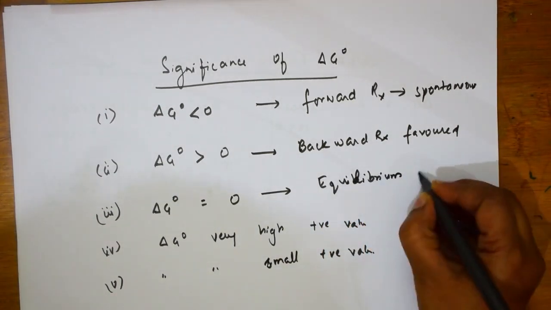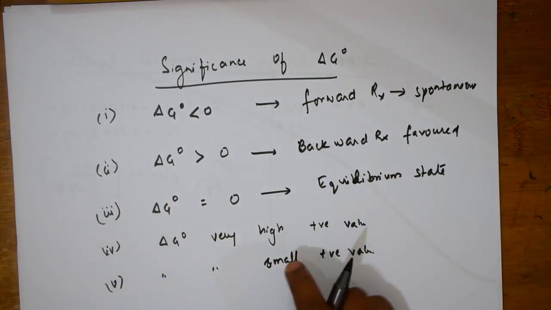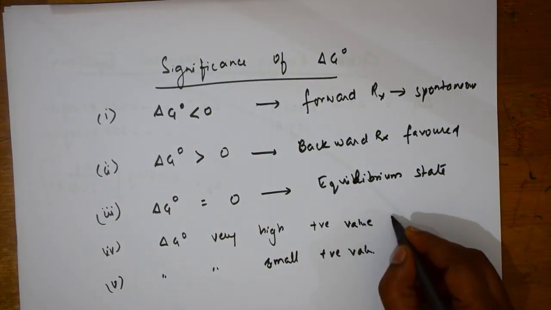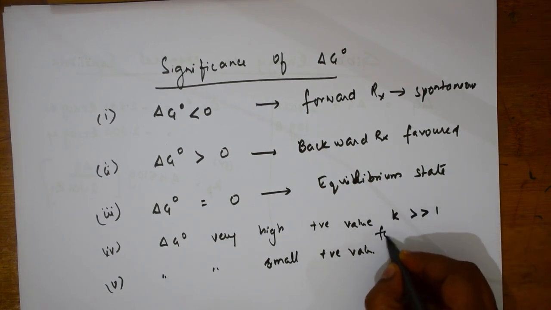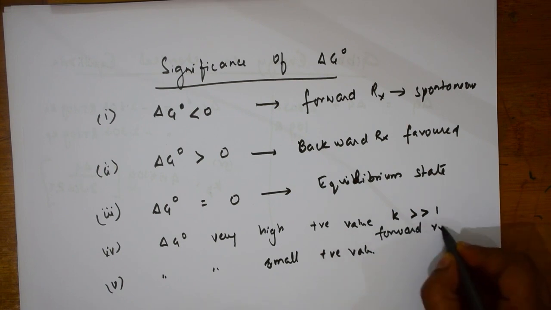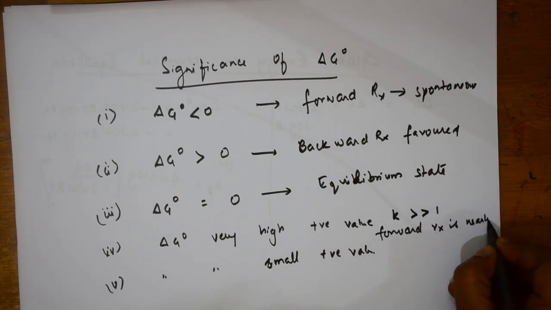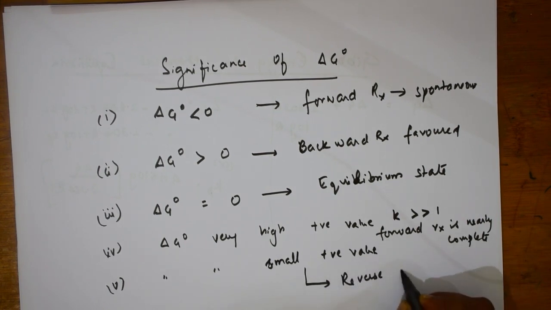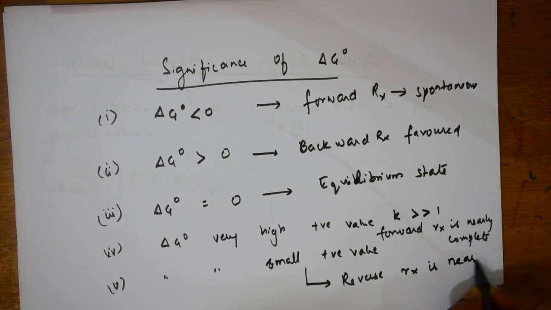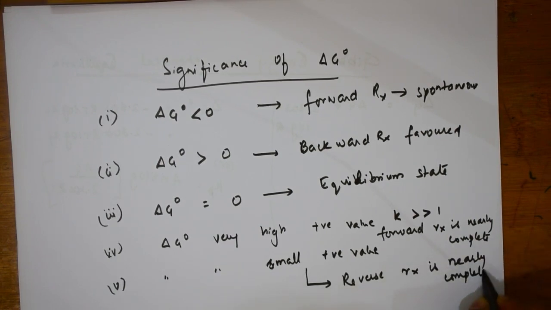If it is a very high positive value, that means K is very much greater than 1, so the forward reaction is nearly complete. If it is a very small positive value, that means the reverse reaction is nearly complete. This is what you have to remember with your Gibbs free energy. These are the cases which you need to remember.